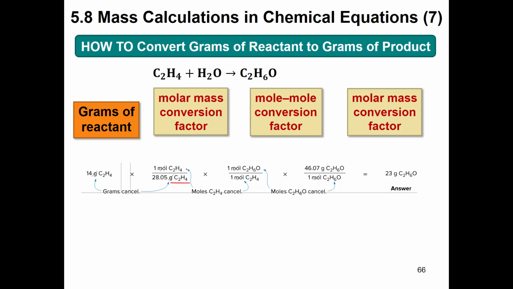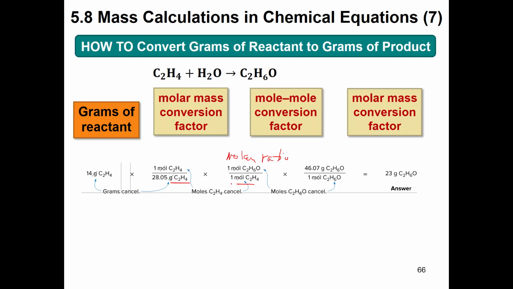So now I need to get rid of moles of C2H4. So that's going to go on the bottom, and this is the molar ratio. Alright, from this reaction, it's 1 to 1 this time.